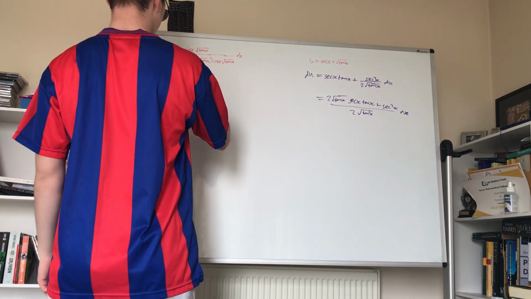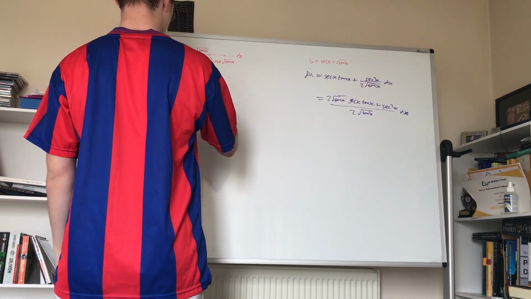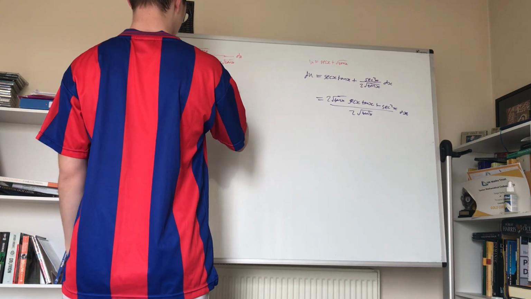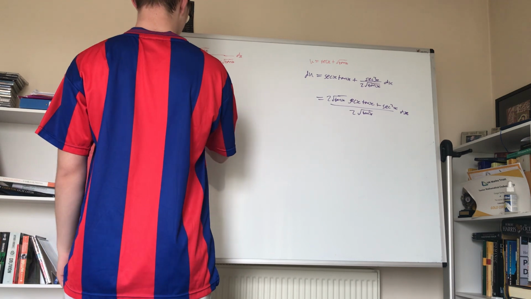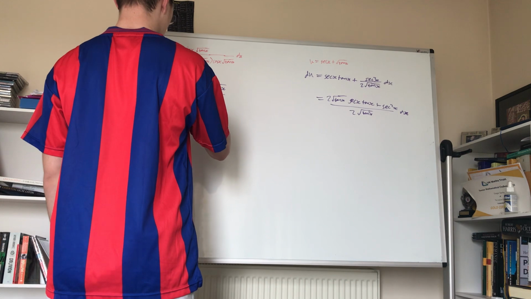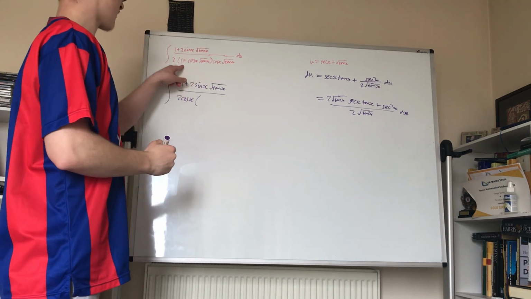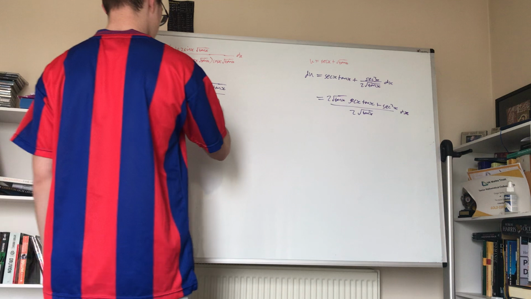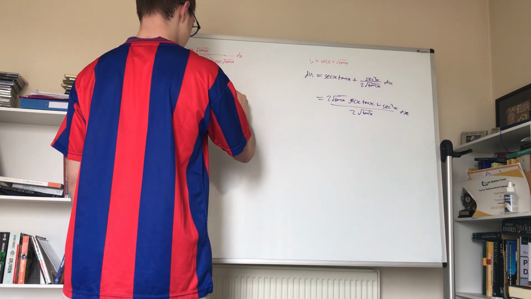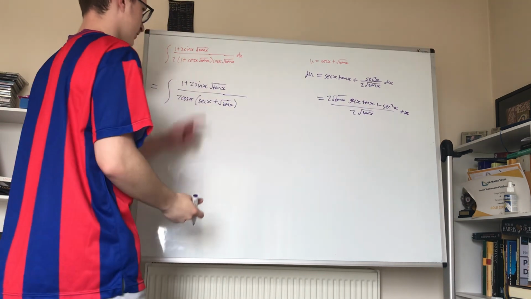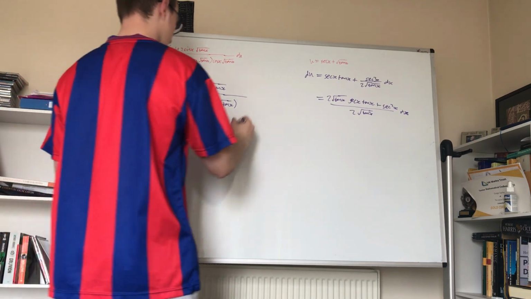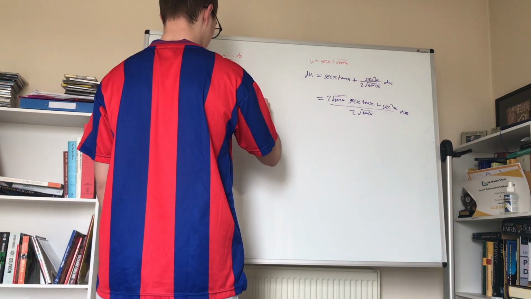On the top we have 1 plus 2 sine x root tan x, over 2 cos x times, well, this would be 1 over cos x, which is just sec x, plus root tan x, and then that times cos x root tan x. So that times that would just give us cos squared, and we'll write this root tan x here, dx.